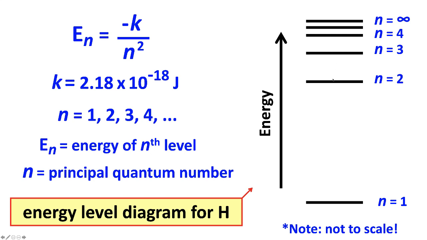And then from n equals 2 to n equals 3, that's a smaller energy gap. N equals 3 to 4 is less than 2 to 3, and so on. So those differences in energy become smaller and smaller as we go higher in energy, but they're actually even more dramatic than is shown here.